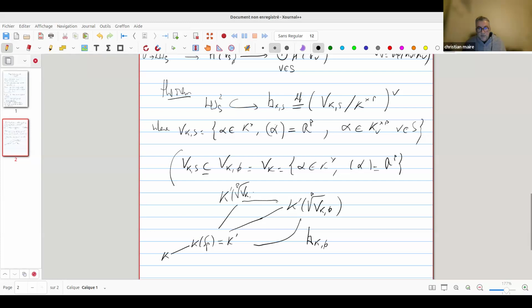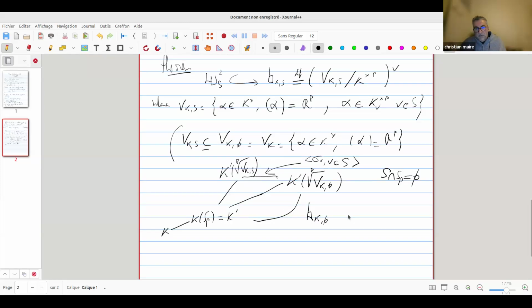So my V_K^S is in the middle, and it is easy to see that this subgroup is generated by the Frobenius of the places in S. Here I assume, because I speak about Frobenius in this extension, that S doesn't intersect the ramified places. Then in this case, I can speak about Frobenius. So the subgroup here is generated by the Frobenius.